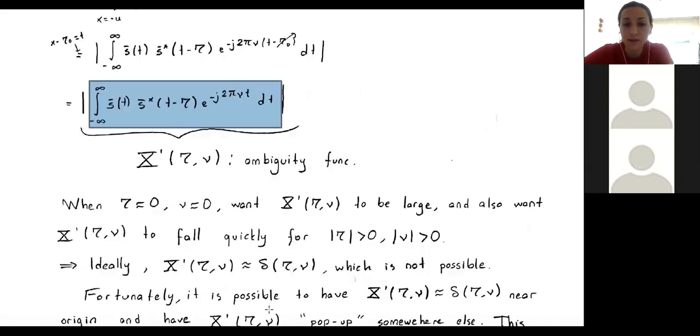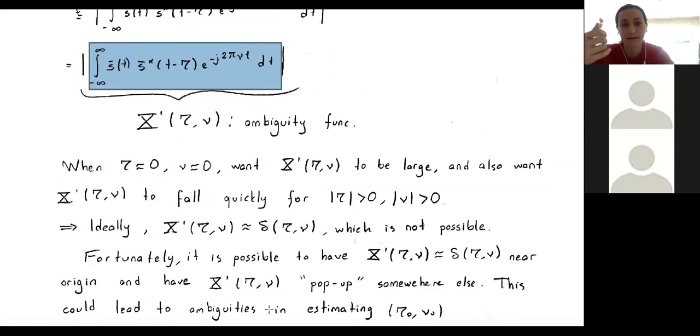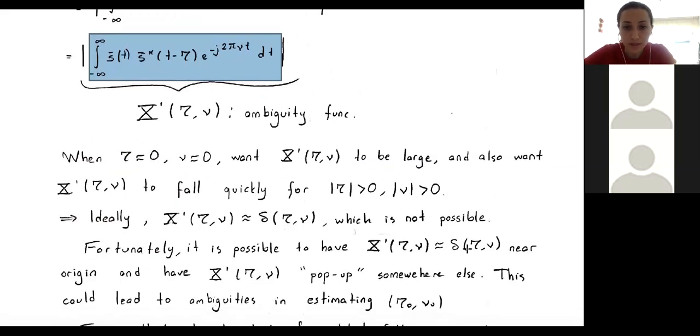And then you can let it have other peaks in other parts. So you can obtain an impulse for the ambiguity function near the origin, and you can let it pop up, get large values somewhere else.